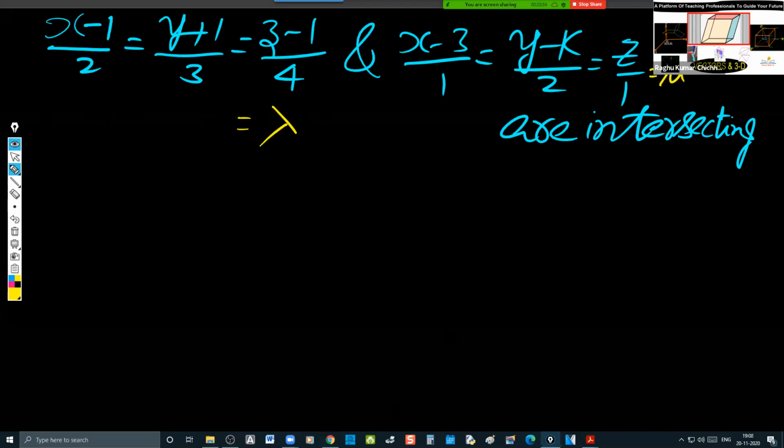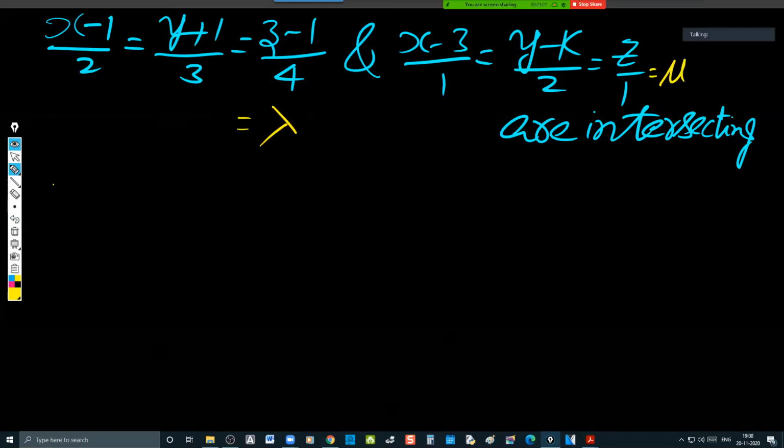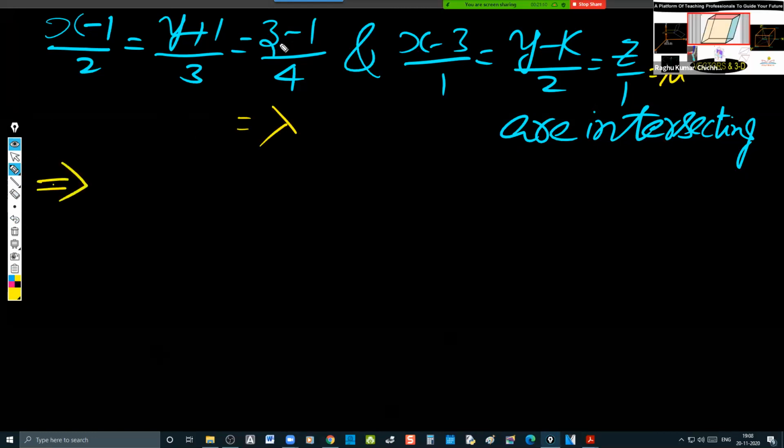Now tell me the general point on the first line, Kaushik? The first line, I have taken to be lambda. I need the general point on the first line.